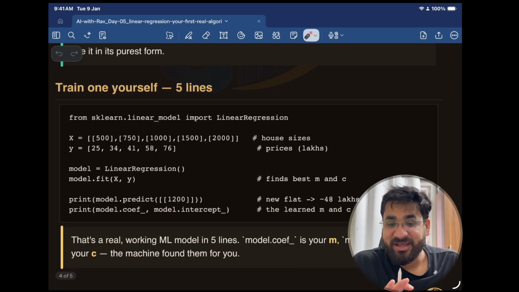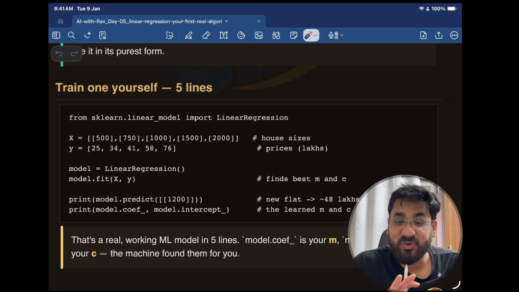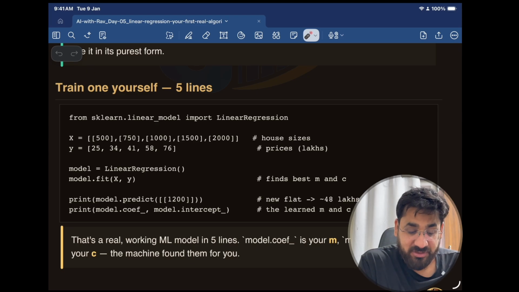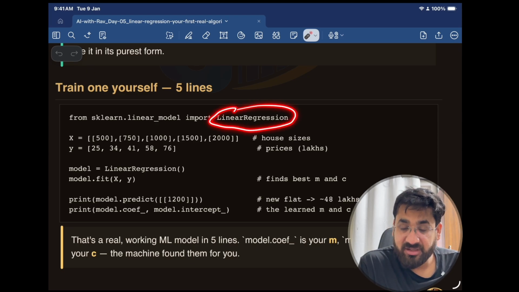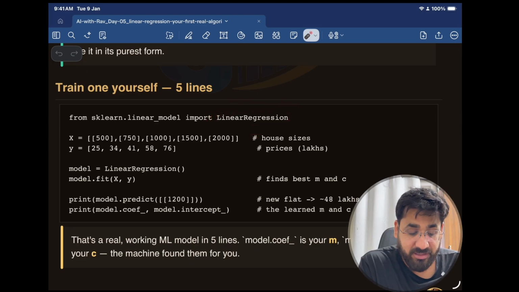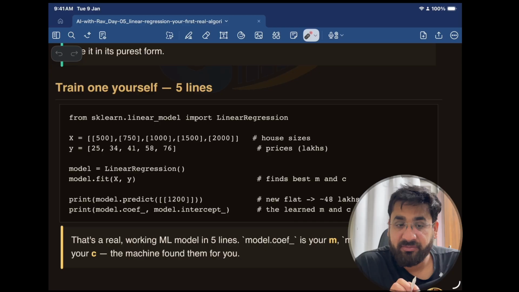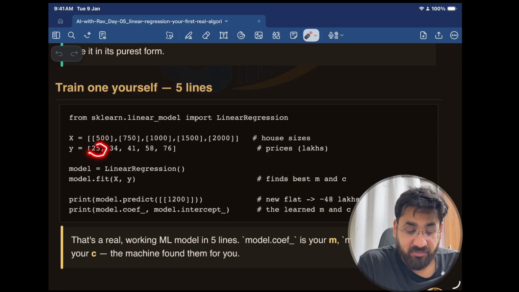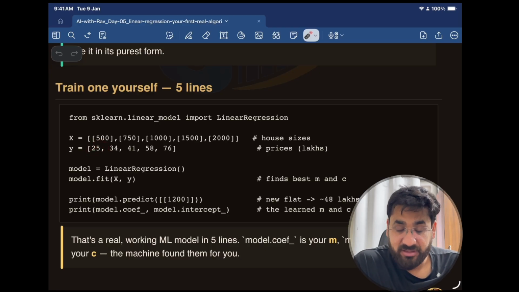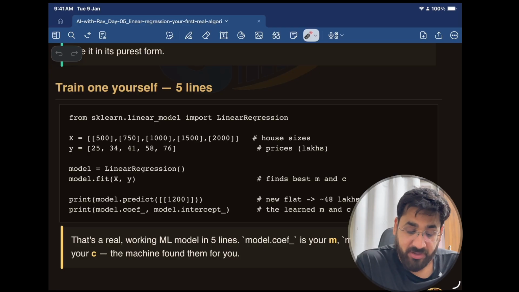And at the end, I promised you we are going to train this linear regression in 5 lines. What I have done is imported linear regression from a library, and x is the input and y is the output. Input is what? The size of flat in square feet, and y is the price in lakhs. Now I took the linear model dot fit. Let the training begin, and print is what?